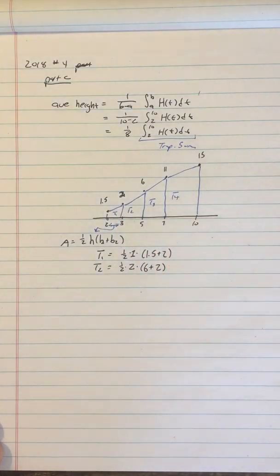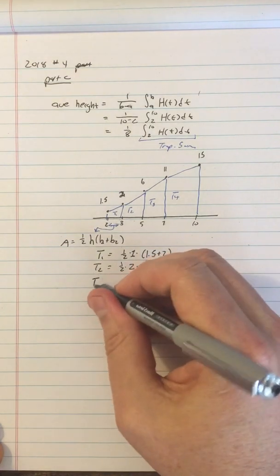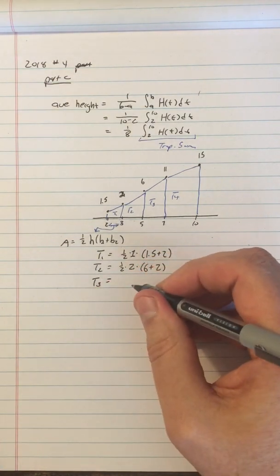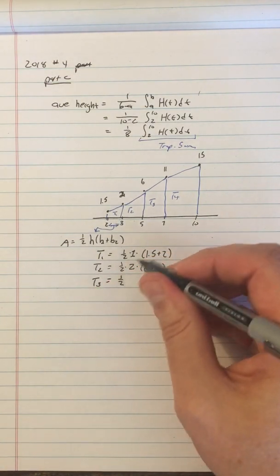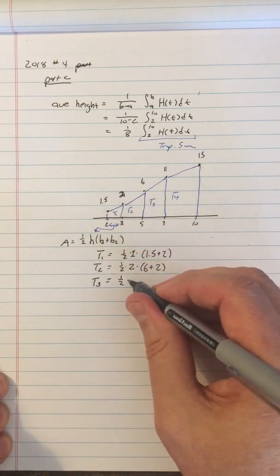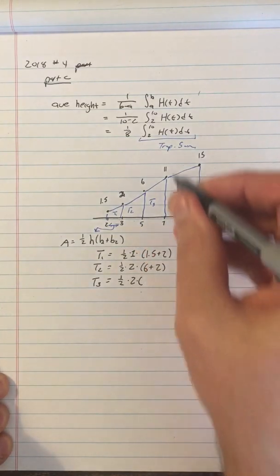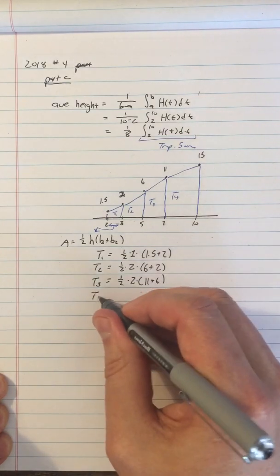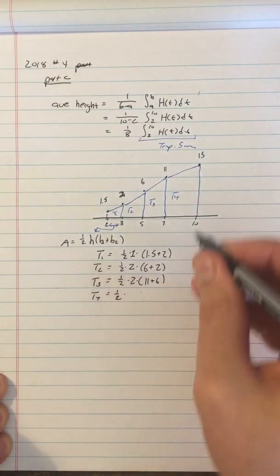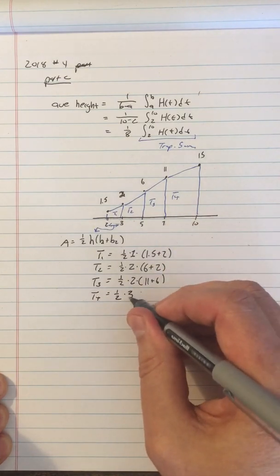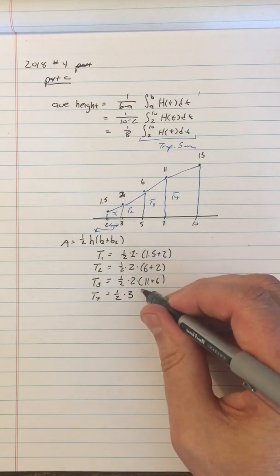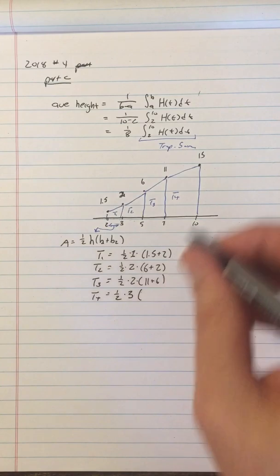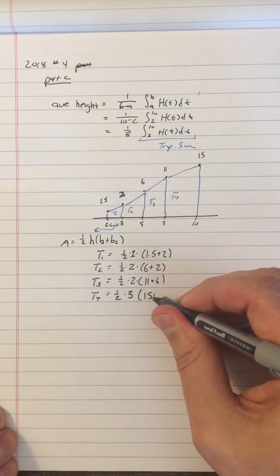I put them in different orders, which is slightly sloppy, but doesn't affect the result. For my t3, it's 1/2 times the 2 here, and this time I have 11 and 6 for my b1 and b2. For my t4, I have 1/2 times the height of the trapezoid, 3. The delta x, which is the height of the trapezoid, is 3. I have 15 plus 11.